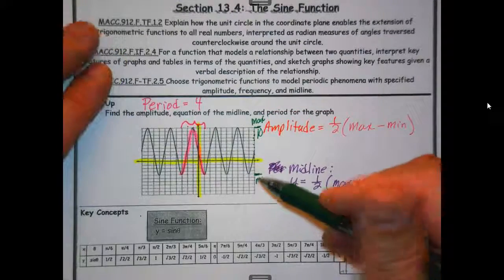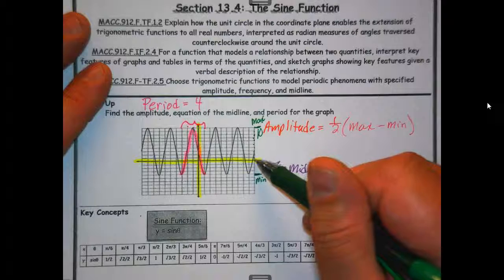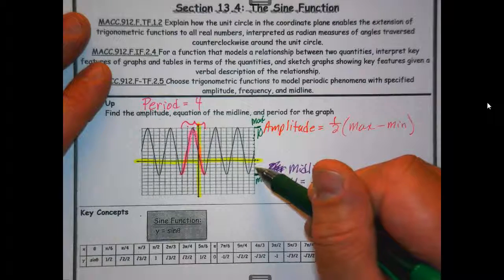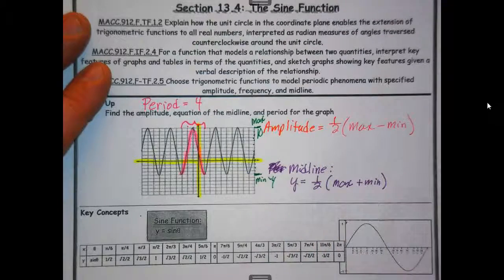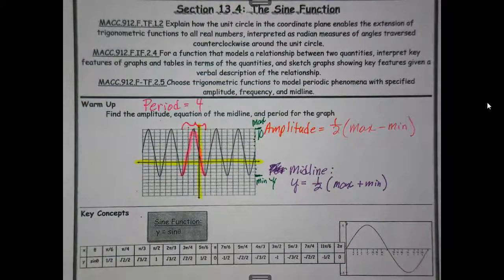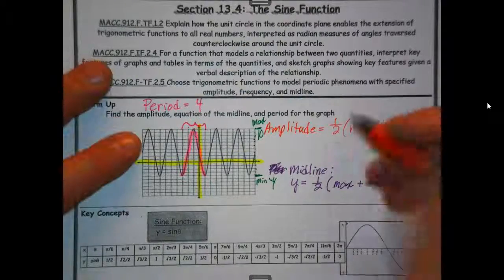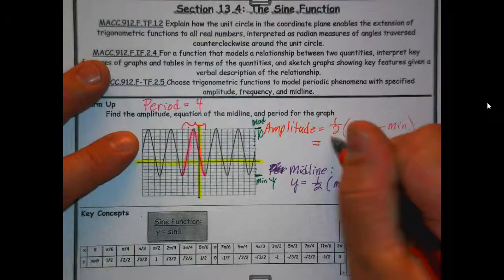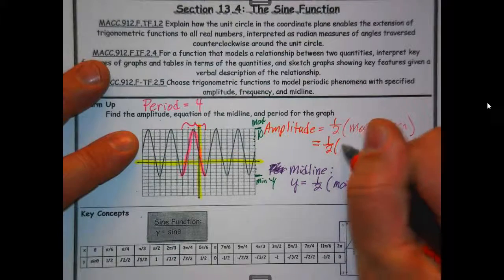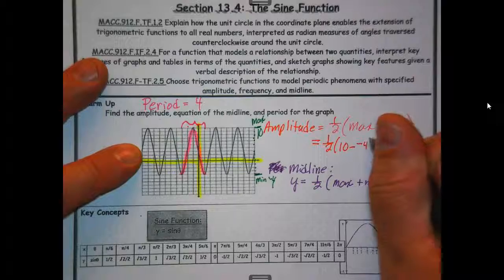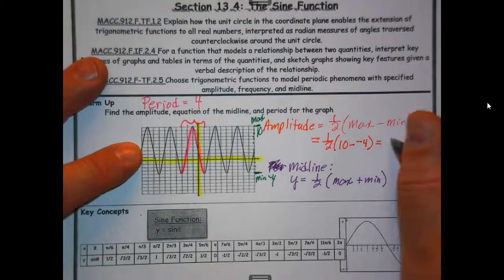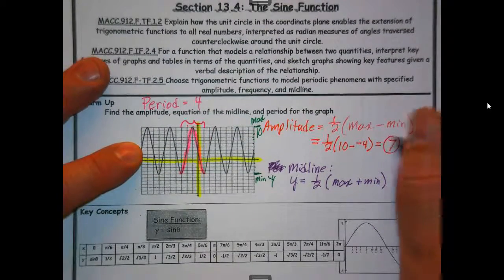The min is going to be -1, -2, -3, -4. So the amplitude is going to equal 1/2 the max, which is 10, minus the min, which is -4. So 1/2 of 14 is 7.